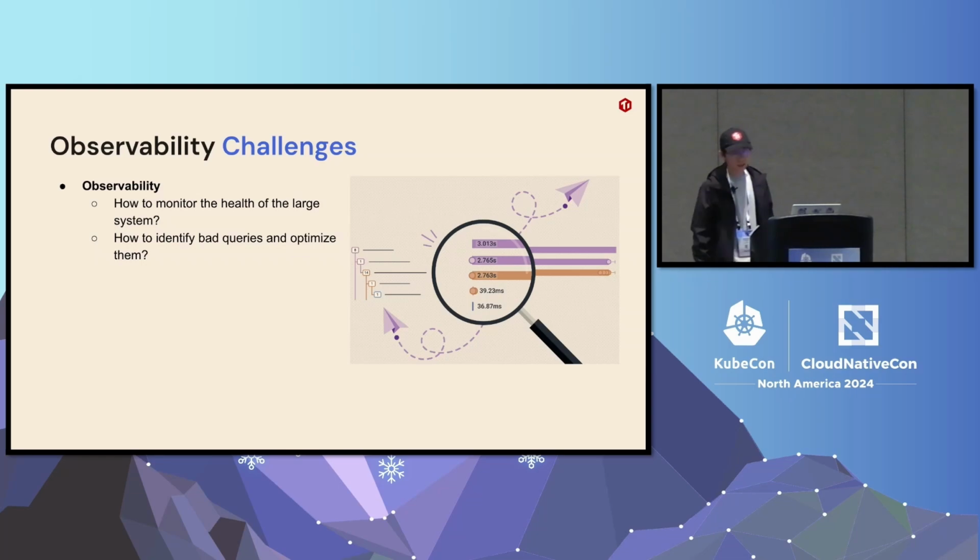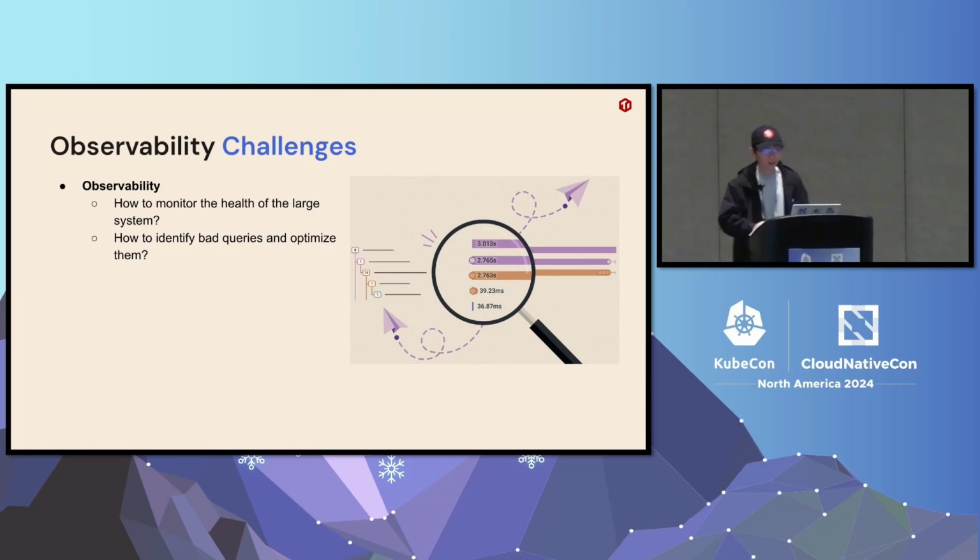Yeah, as a large system, there are hundreds of nodes and millions of QPS for the whole system. If there is any issue, we want to know what the root cause is, which query caused the issue, or which node is the current bottleneck.